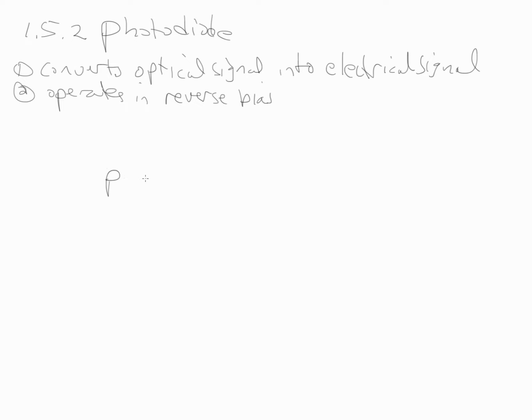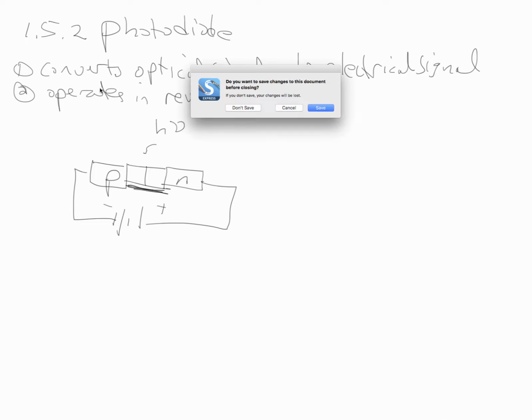So again, we have the P, and we have the depletion region, and then we have the N, and then some light comes in and hits it, and this is reverse bias, so small, big, and this is minus, plus, so reverse biased. So that's all they say about the photodiode.